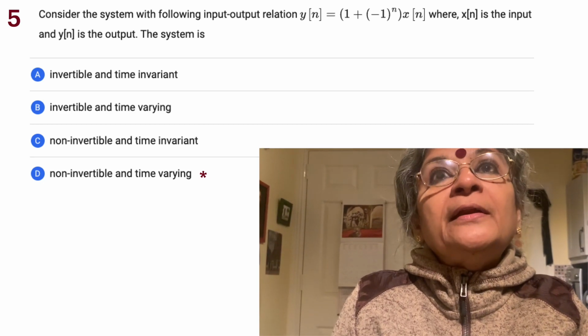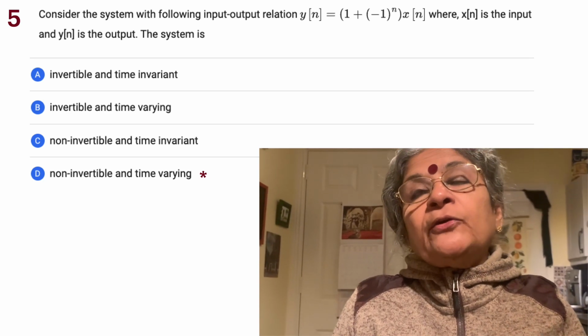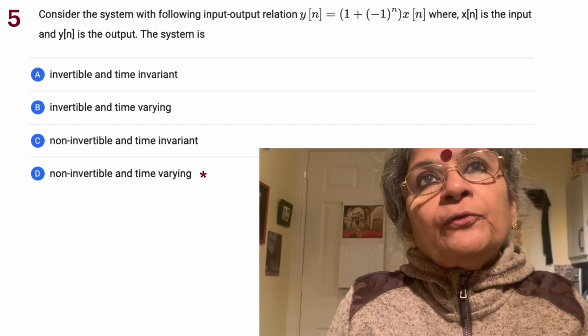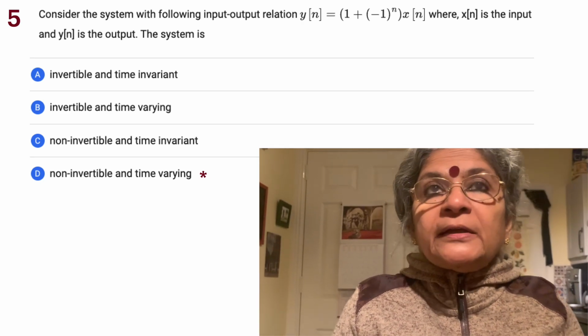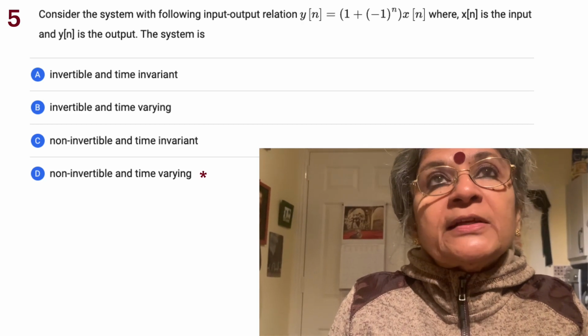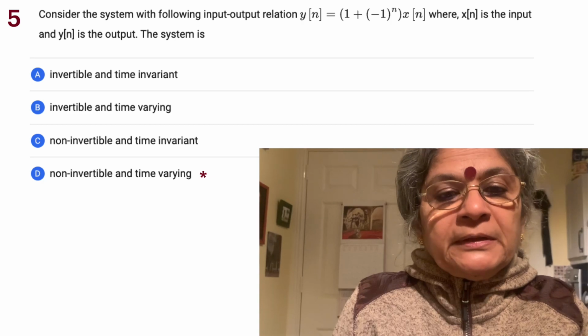So you cannot get back x[n] from the signals that you have, which you call y[n]. I suppose this is clear. What we mean by invertibility is that you get a sequence, and from that sequence you have to go back and extract x[n], or the input, where it started from, which is not possible in this case.